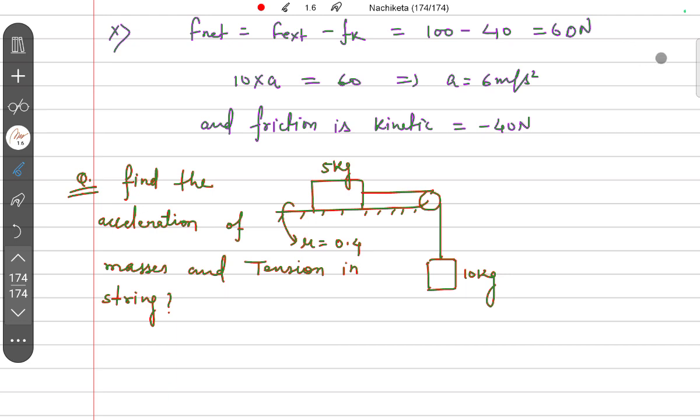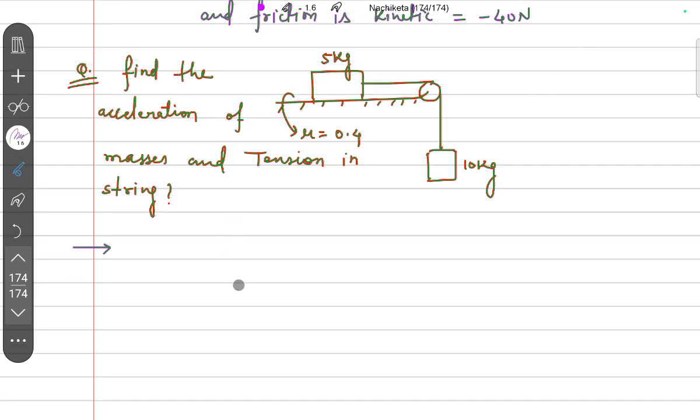Yeah, calculate it. See, it's clear that whatever acceleration is there, the same acceleration will be here also. So now we will have to draw the FBD.